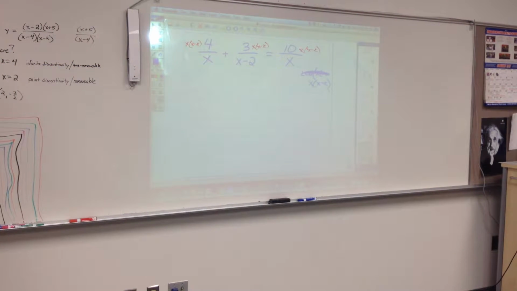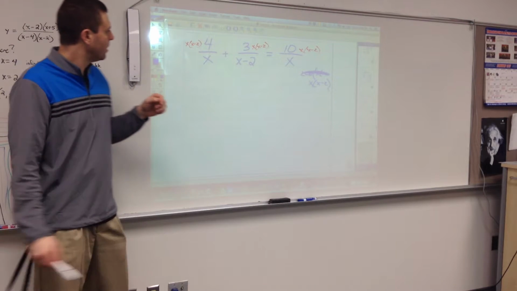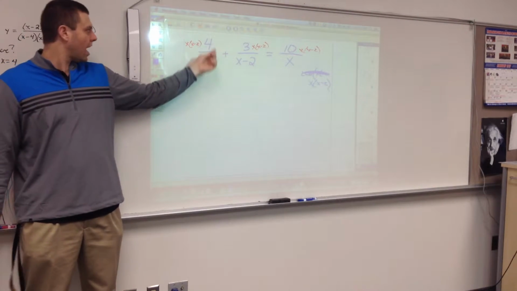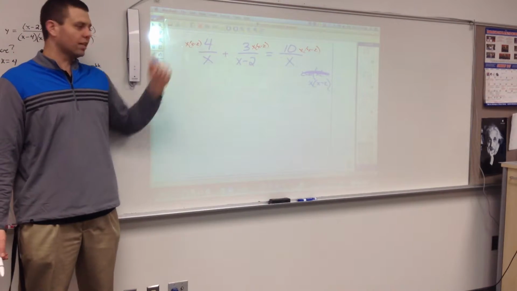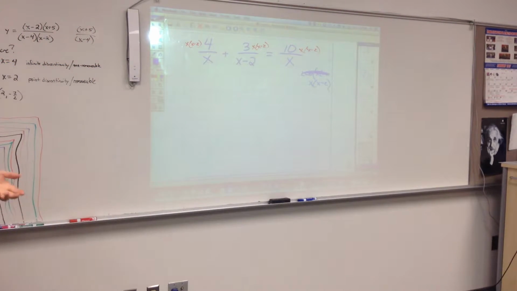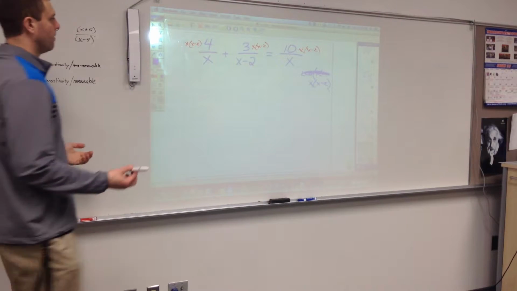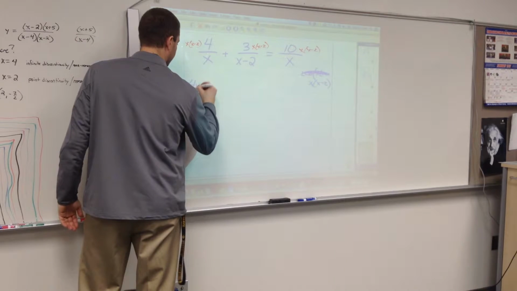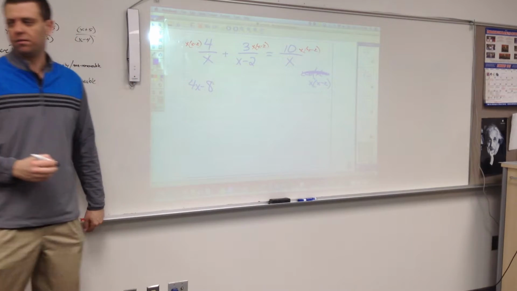On this first fraction, 4 over x times x, x minus 2, what's going to happen to your x's? Cancel. You're left with 4 times x minus 2, which is really 4x minus 8. Tell me to slow down if I need to.